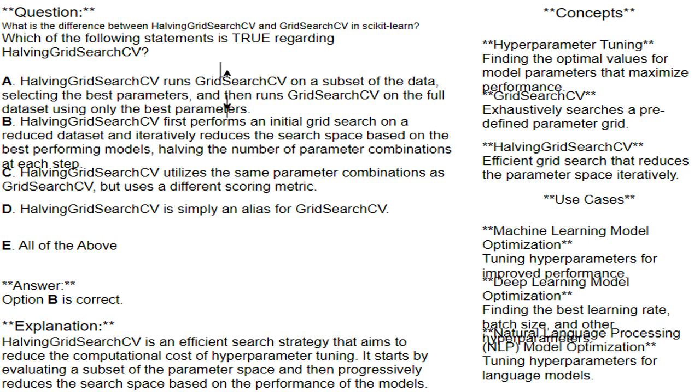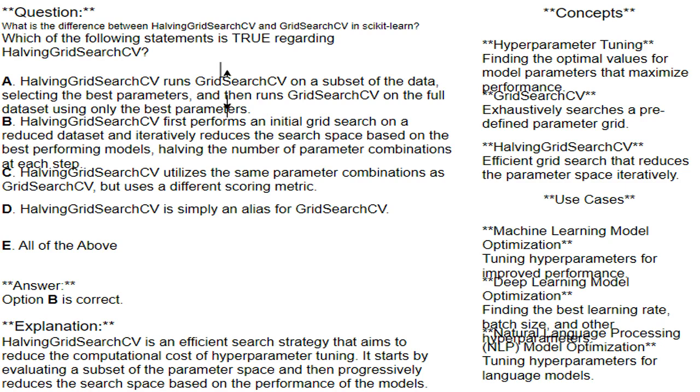A. Having grid search CV runs grid search CV on a subset of the data, selecting the best parameters, and then runs grid search CV on the full dataset using only the best parameters. B. Having grid search CV first performs an initial grid search on a reduced dataset and iteratively reduces the search space based on the best performing models, halving the number of parameter combinations at each step.